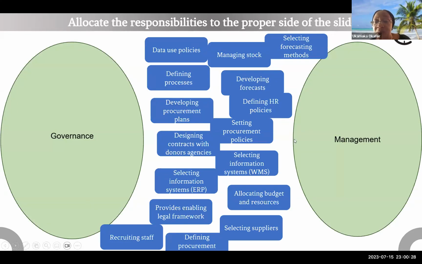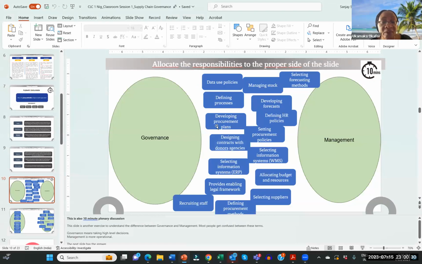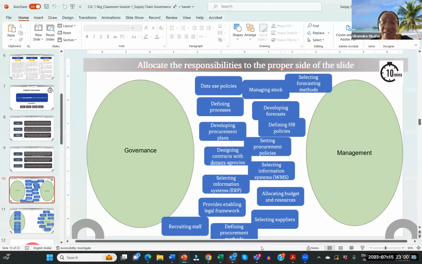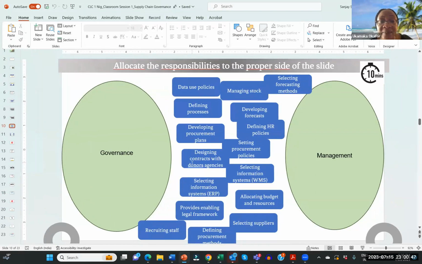So this is going to be like all of us are going to participate. And if you don't raise your hand, I'll call your name, please. So what we are going to do is that when you raise your hand, you look at the left side and the right side. So we want to allocate these responsibilities to the proper place where they are.